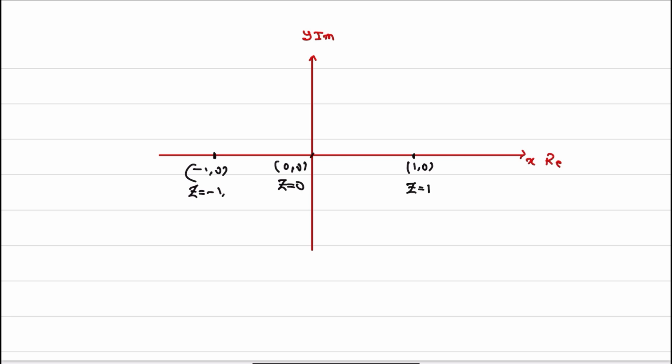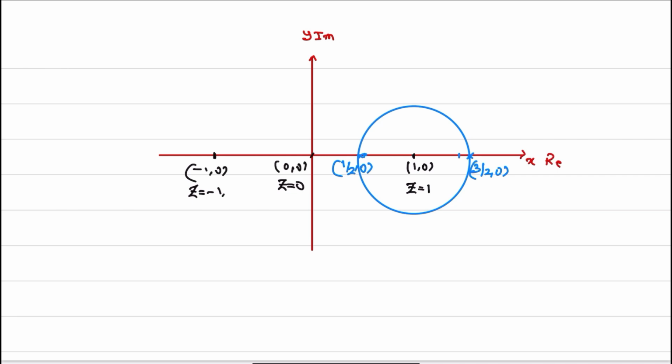Here Z is equal to 1. And the circle is with the radius of half. This point and this point. This is half, that is 3 by 2 here. Here it is half, 0. Here 3 by 2, 0.